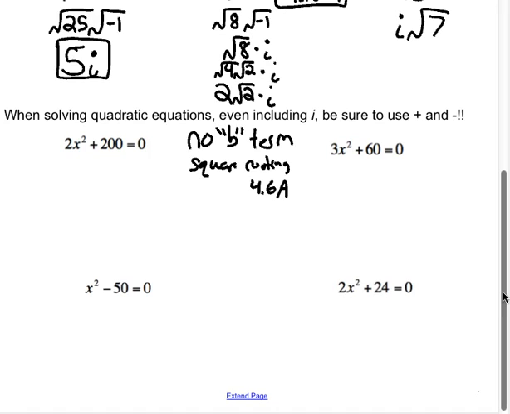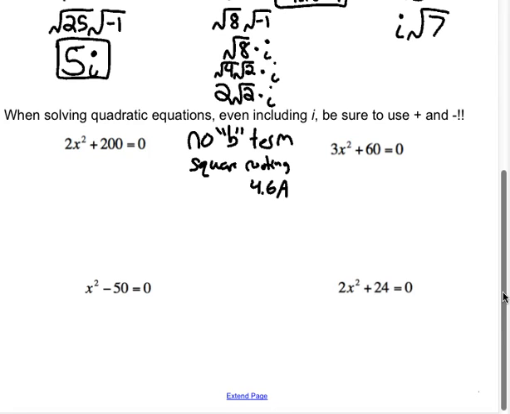A piece of this chapter, and what becomes critically important within chapter 5, is distinguishing what I can do to solve quadratics. In this case, I notice every single one of these is missing that b term, so all I have to do is square root these.